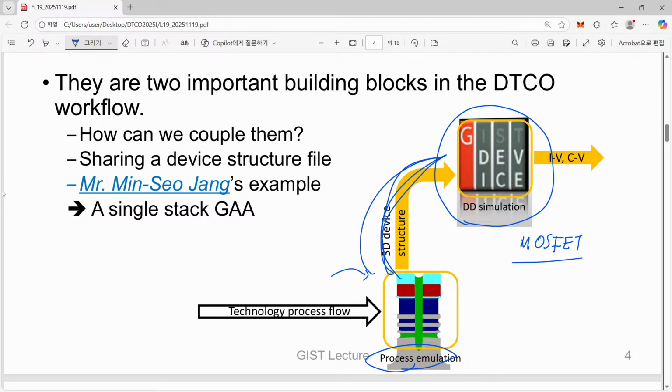So once we generate the device structure, we want to send it to the device simulator. And once we have this capability, when you change your device structure, it will eventually affect the performance of your device, your IV characteristics.